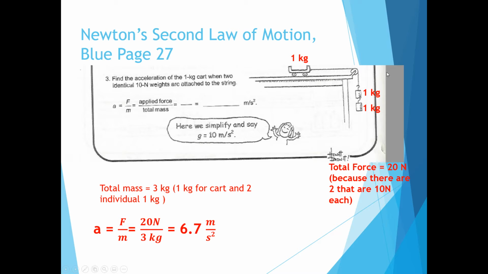There are 2 individual kilograms, and that means we end up with 10 Newtons for each of these, and the force will now be 20 Newtons because there are 2 times 10. So our total force is 20 Newtons, our total mass is 3 kilograms, and now we have an acceleration. If you plug that into your calculator, 6.7 meters per second squared.